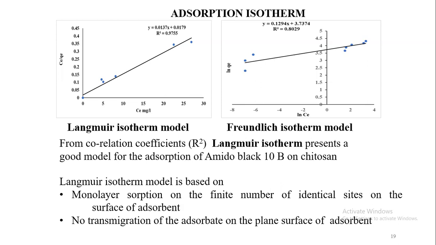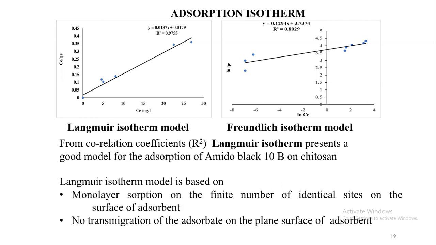As the Langmuir isotherm model fits well, it suggests that during adsorption, a monolayer sorption on a finite number of identical sites on the surface of the adsorbent is formed. There is no transmigration of the adsorbate molecule on the plane of the adsorption. So these are the results of the adsorption kinetic studies.